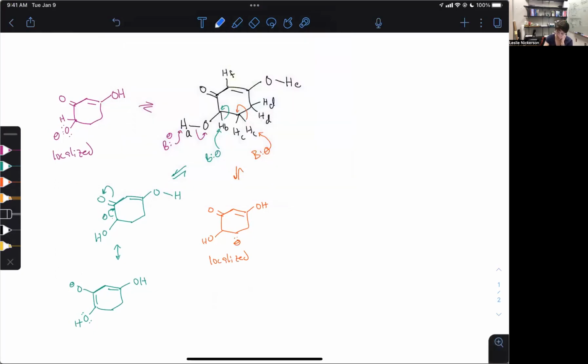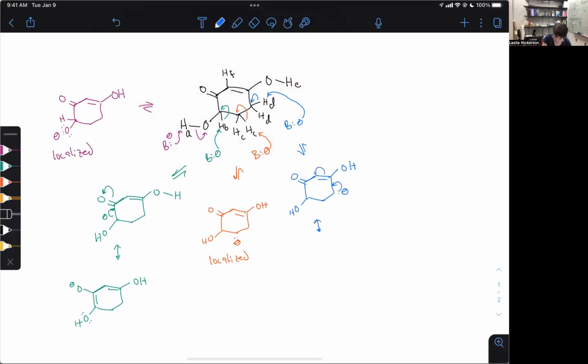Okay, let's bring in other colors here. Let's go with blue. So for D, let's point it at H. Okay, so for this one, I do have that lone pair next to a pi bond, so I can do resonance here.